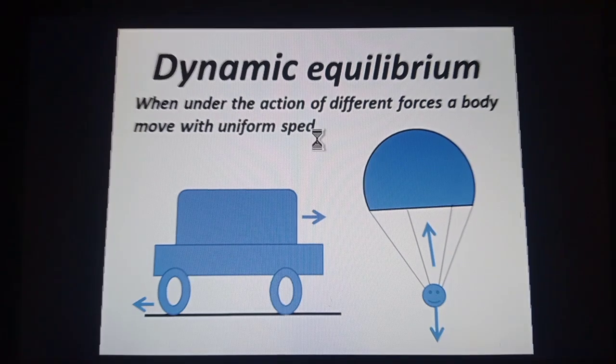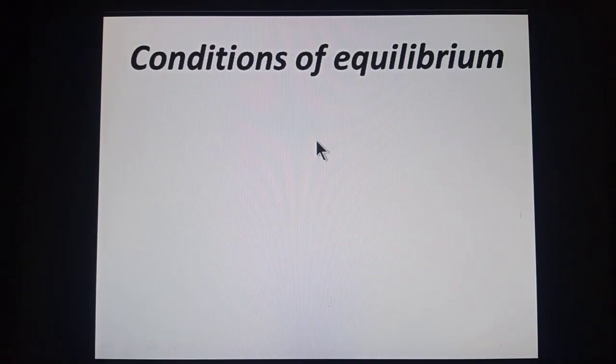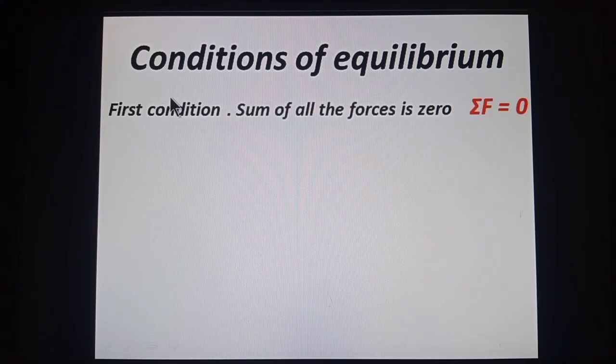Now students, we see what are the different conditions for a body to satisfy to be in equilibrium. There are two conditions of equilibrium. They are called first condition and second condition. Let us take the first condition. It states that according to the first condition of equilibrium, the sum of all the forces acting on a body should equal 0.